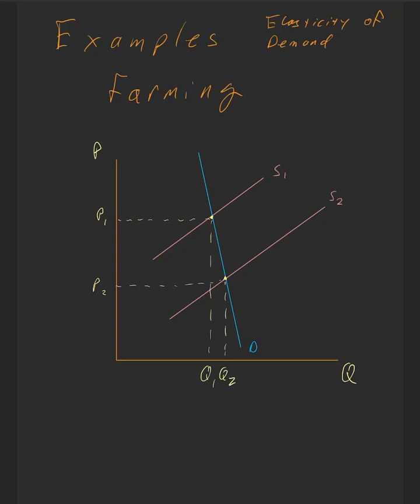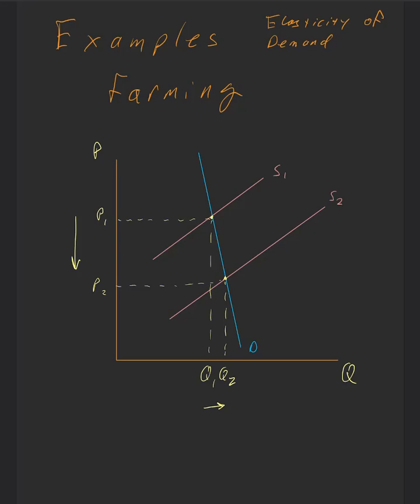But since the demand for farming products is very inelastic, what that means is that this change in supply has caused a very large decrease in price associated with only a very small increase in quantity.